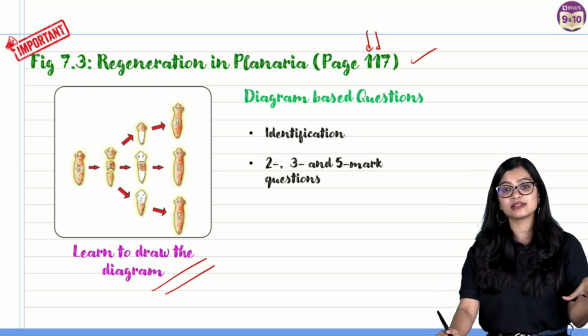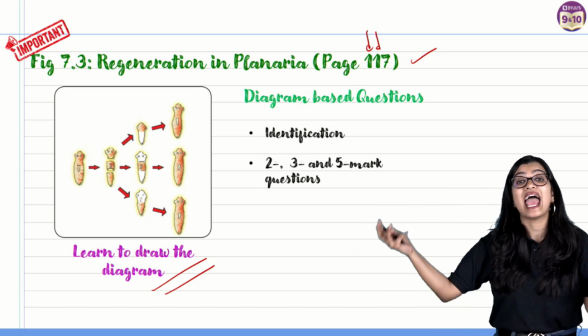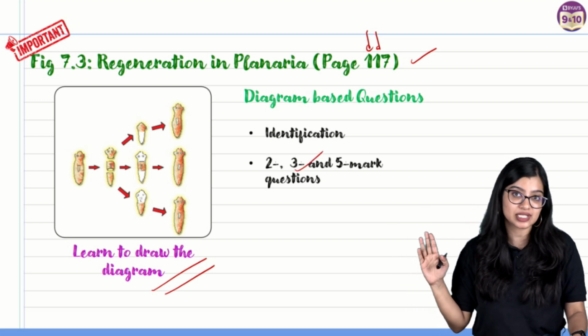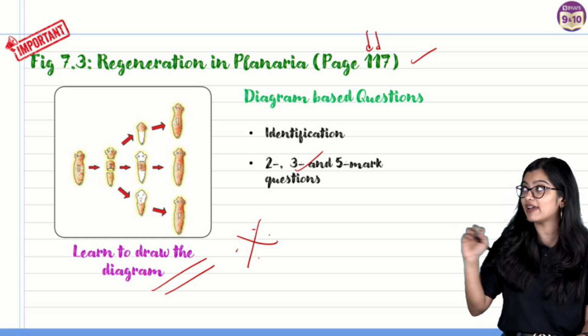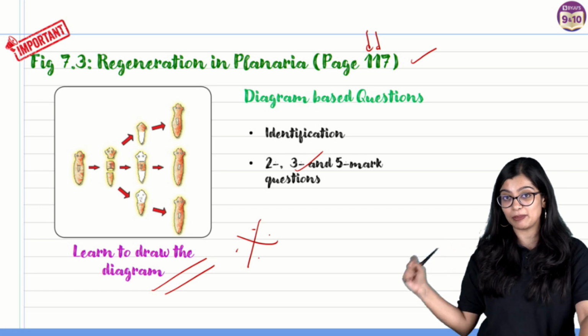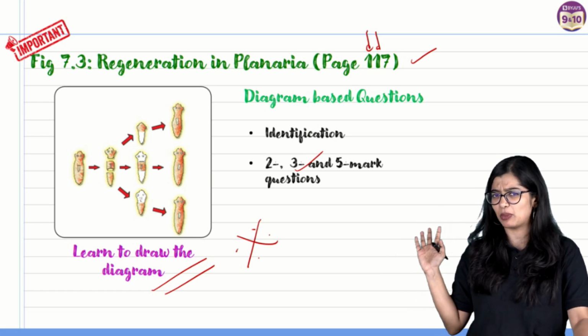Or else they will ask you to explain the process of regeneration in planaria and elaborate with a diagram. So here 3 mark, 5 mark questions can come from this topic. So everyone please star mark this, right? Very, very important. We've seen over a period of time that this diagram has been repetitively asked. So do not forget to learn how to draw. And it's a very simple one.